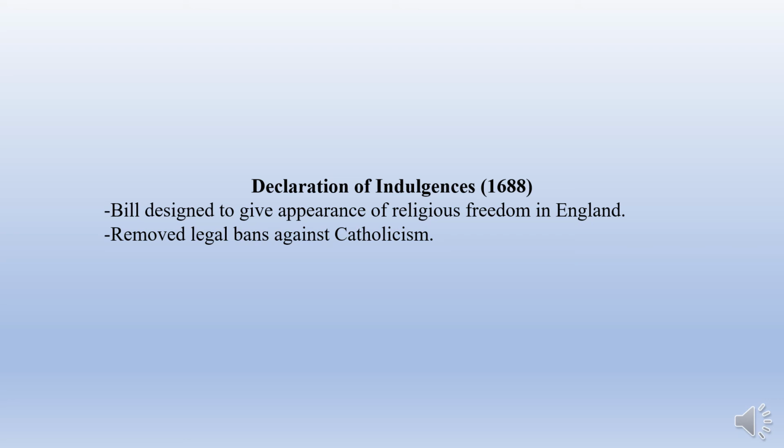So what he is doing is he is basically stripping the Protestantism of England away in hopes of reconverting England into a Catholic faith in the future. So that's what he's up to. He's in the process of slowly but surely returning England to the one true universal Catholic Church.